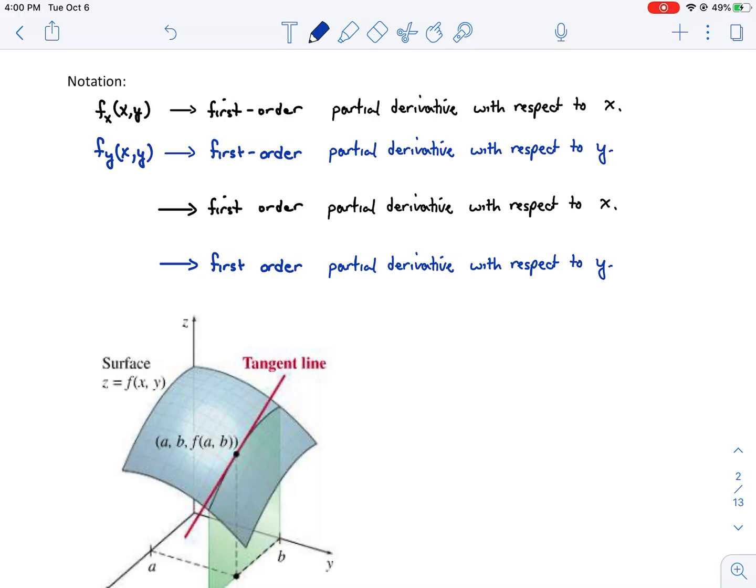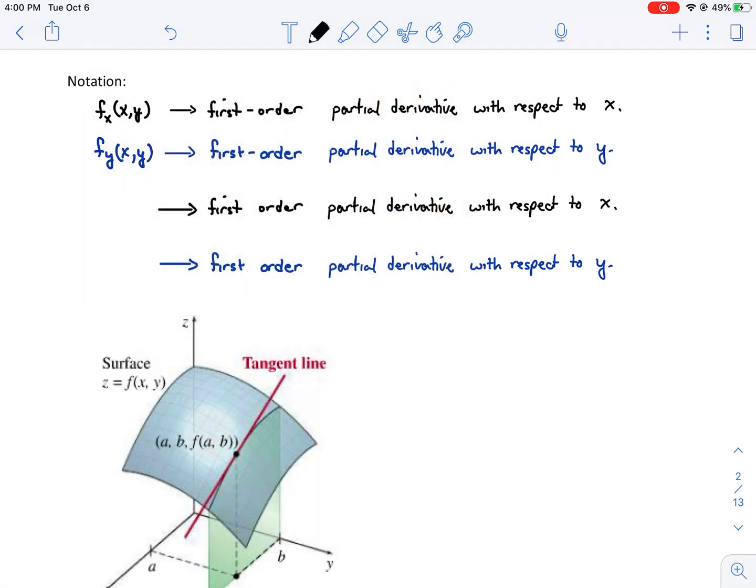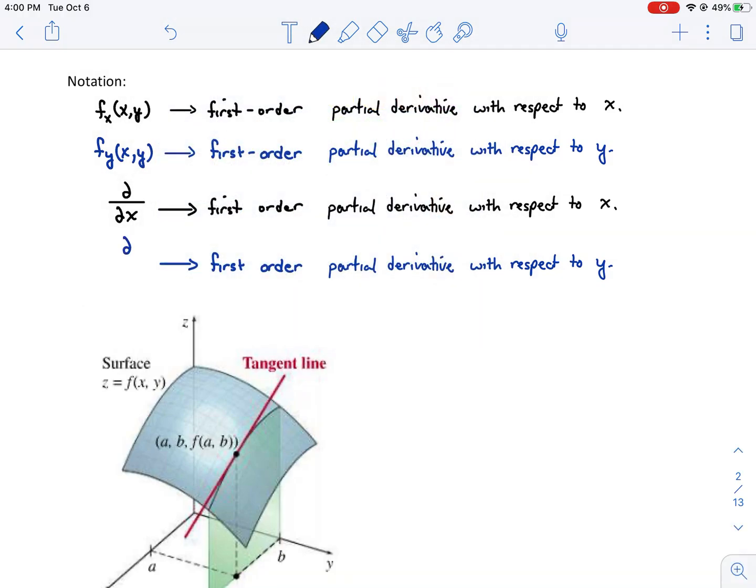For the notation in navy blue, that represents the first order partial derivative with respect to y. Here's another notation for a partial derivative with respect to x. And here is another notation for the partial derivative with respect to y.